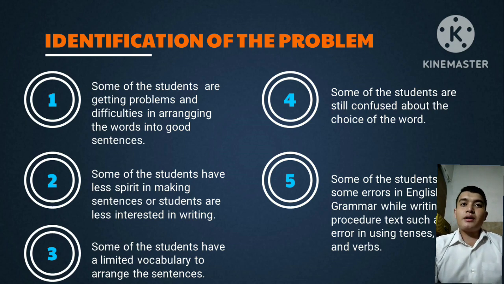The third, some of the students have a limited vocabulary to arrange the sentences. The fourth, some of the students are still confused about the choice of the word. The last one is some of the students make errors in English grammar while writing procedure text, such as errors in using tenses, articles, and verbs.